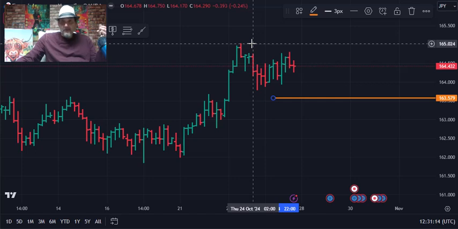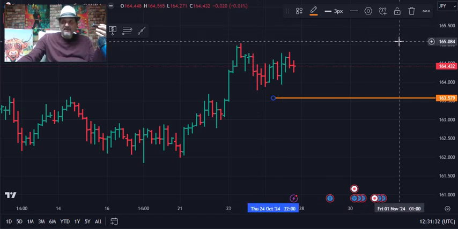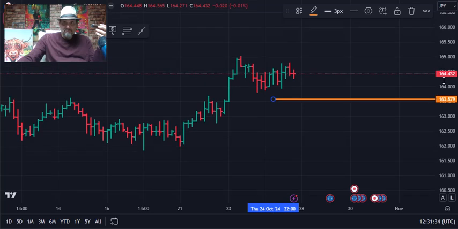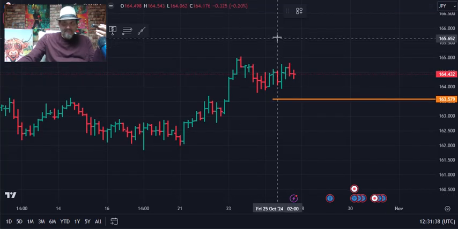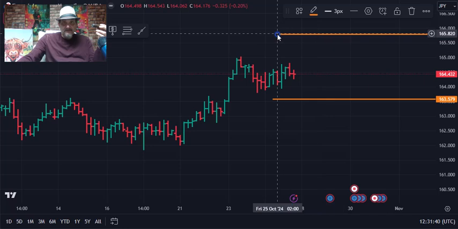If we get through 165.02, it opens the way up to 165.73, no, 165.79.